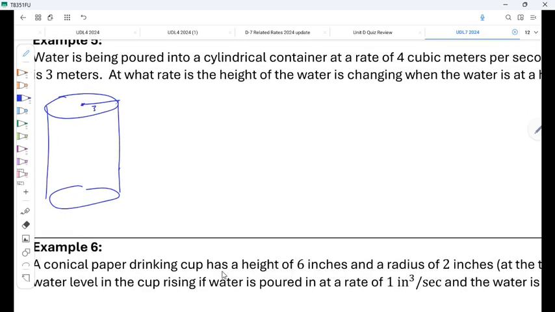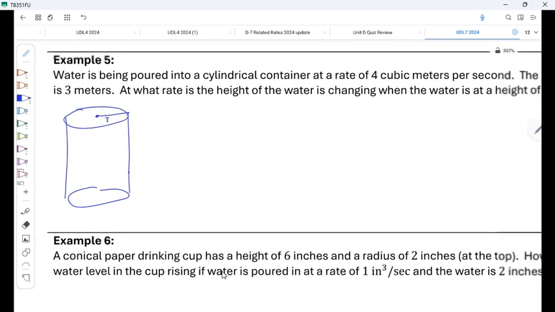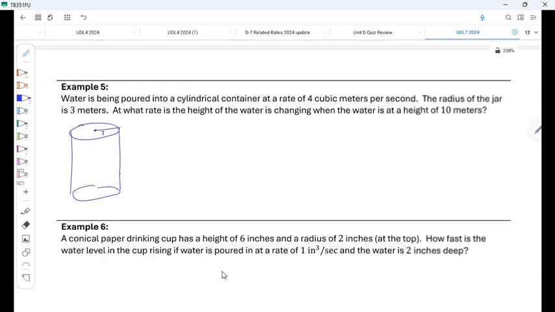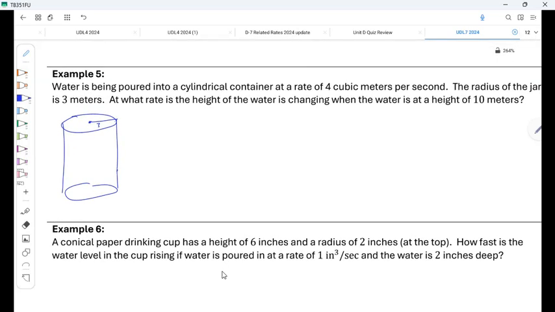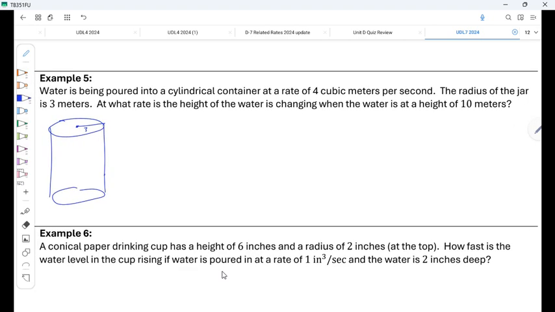Big jar, 3-meter jar. It's also 10 meters high. Maybe this should be in centimeters. This is a big jar, a 9-foot wide jar. And we've got water in this jar, and we are concerned about when the water has a height of 10 meters.